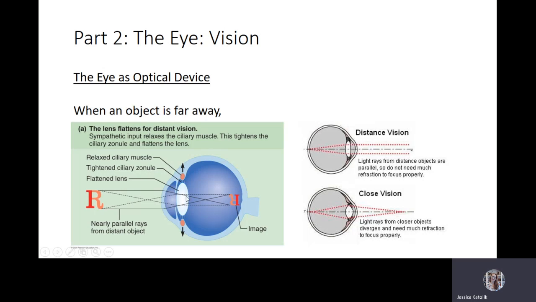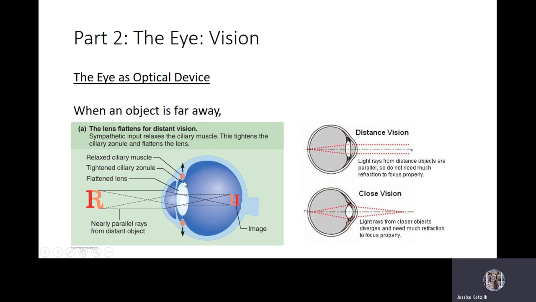And how do we create that flat lens? Using sympathetic stimulation, we're going to cause the ciliary muscles to relax. And when they relax, the ciliary muscles will tighten the ciliary zonules, or the suspensory ligaments.